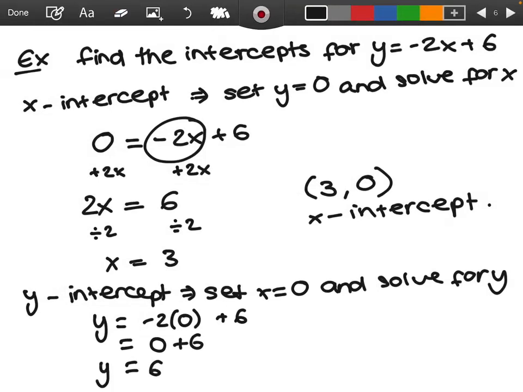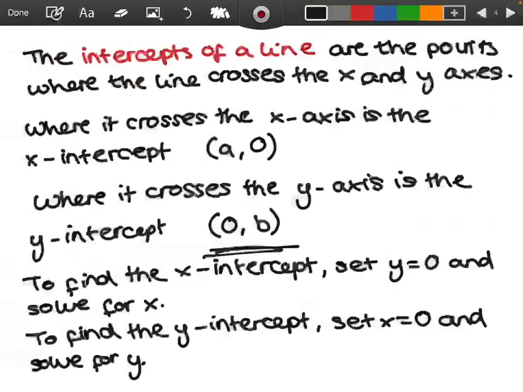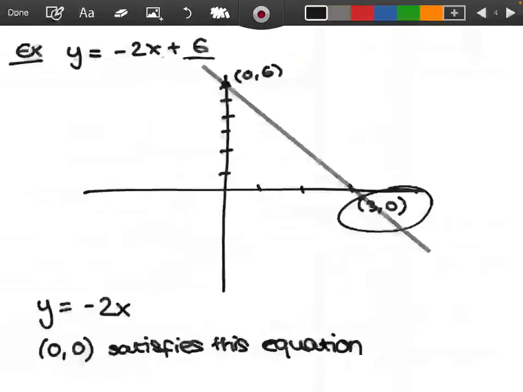So y is equal to 6. That tells me that my y-intercept has an x-coordinate of 0 and a y-coordinate of 6, and that's my y-intercept. And that agrees with what I have for my graph of y equal to negative 2x plus 6.